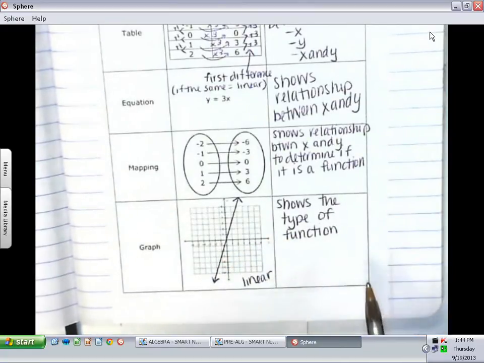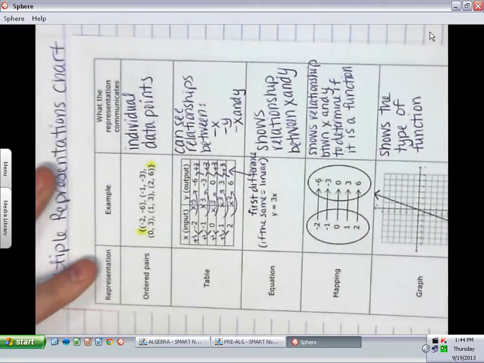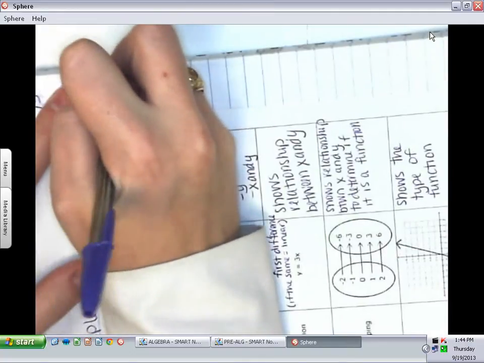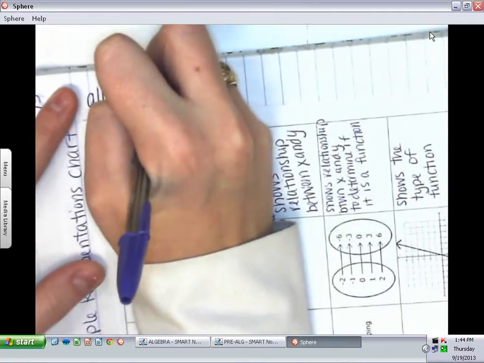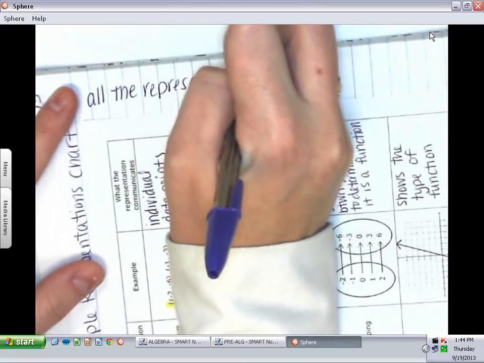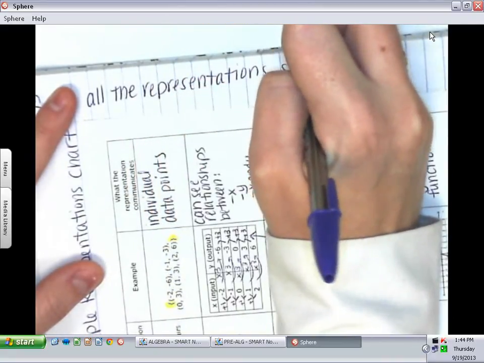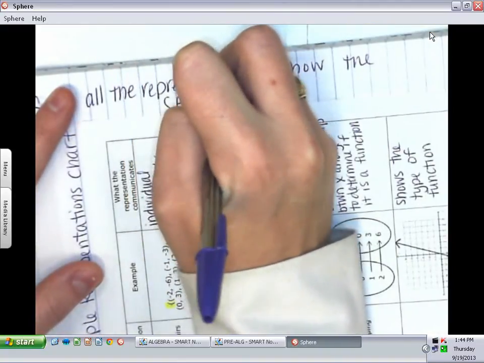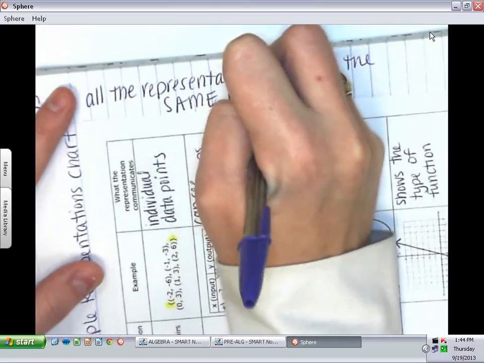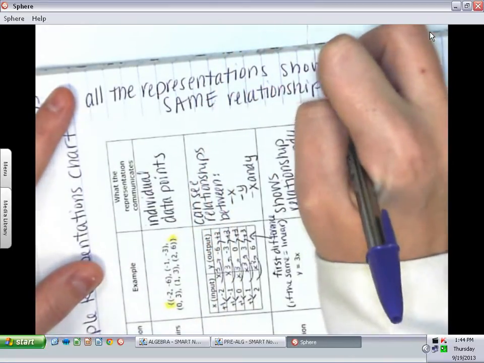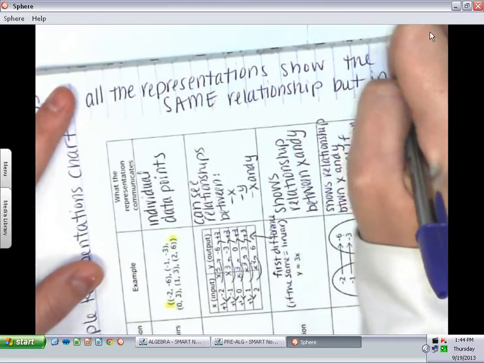So we have one more thing we need to write, and you can just write it along the side or on the bottom, wherever it will fit. All the representations show the same relationship but in different forms.